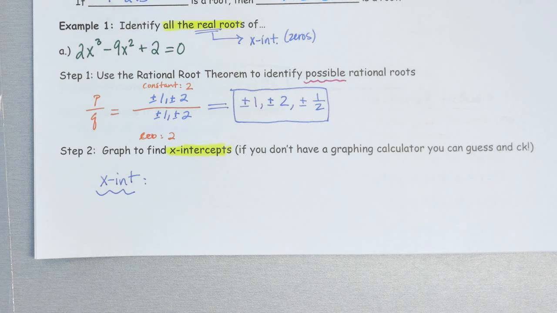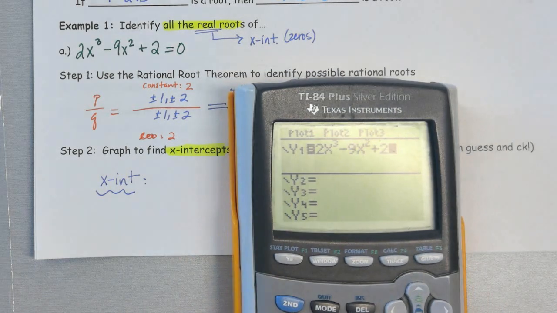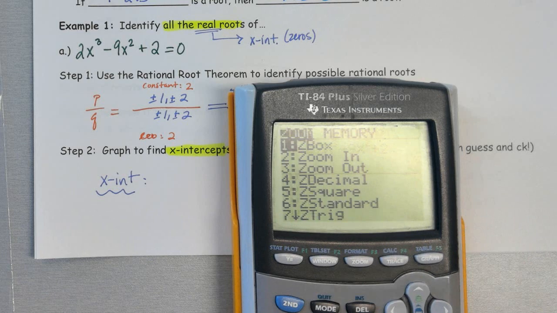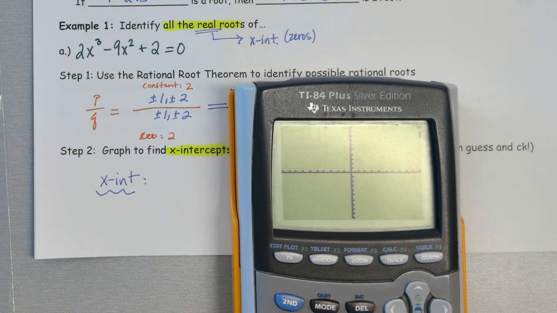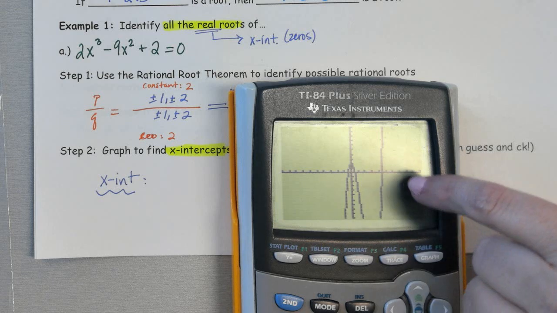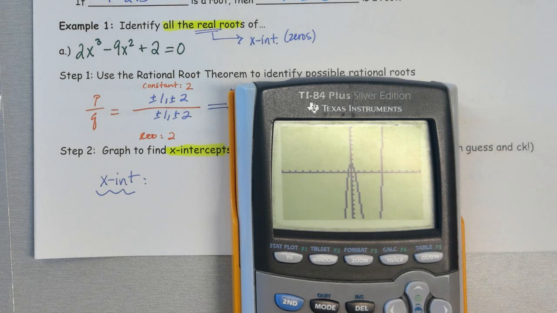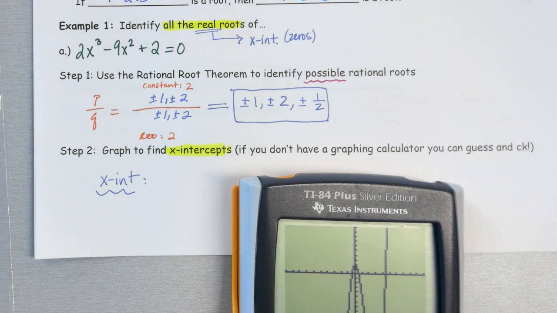So I have 2x to the third minus 9x squared plus 2. Okay, so we're just putting in that polynomial. I'm just going to make sure that I have the standard window. Okay, so when I'm looking at what it's crossing through, it looks like it's close to 4, but it's definitely not 4. 4 isn't even on my list.